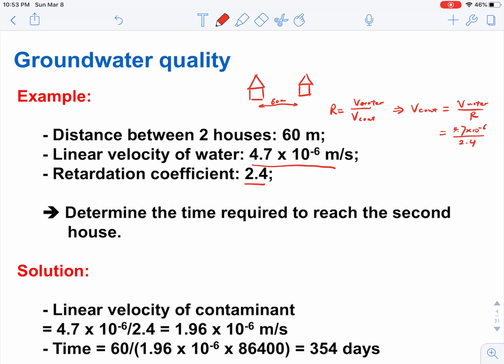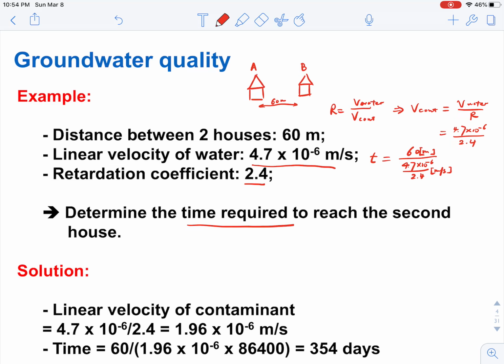And since we already know the distance between these two houses, then we can calculate the time that's required for these contaminants to reach from house A to house B, which is equal to 60 meters divided by 4.7 multiplied by 10 to the minus 6 divided by 2.4 meter per second.